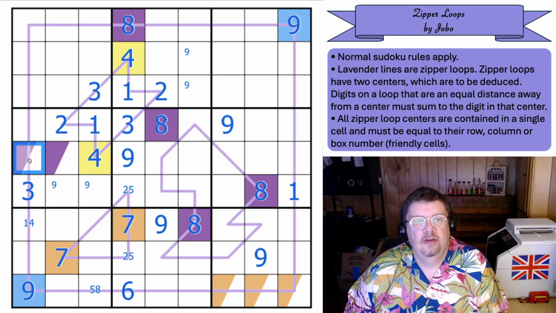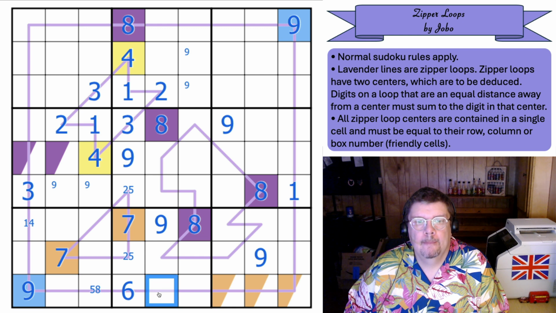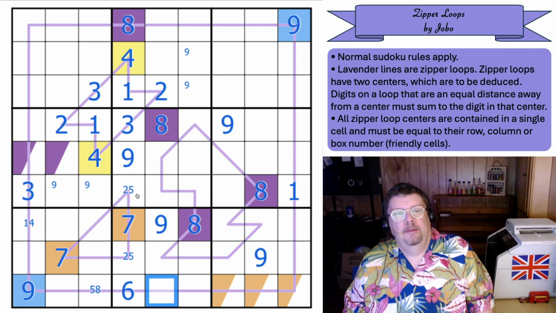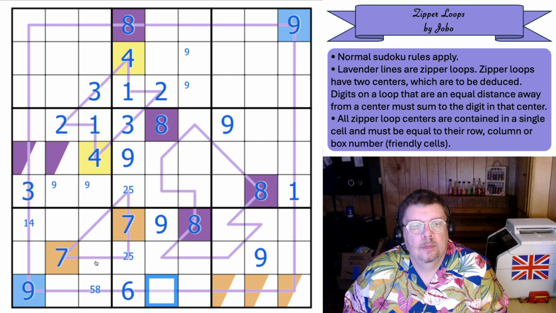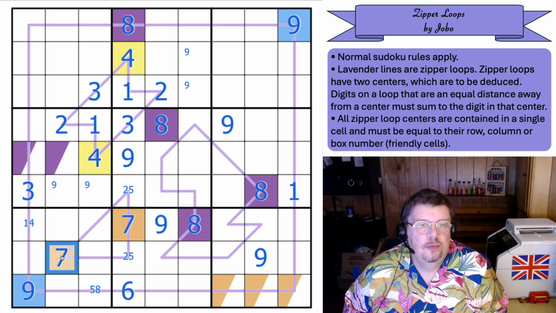Okay, if that is 8, then that's a 1. And that's still looking feasible right now. Where does the 2 go in this box?